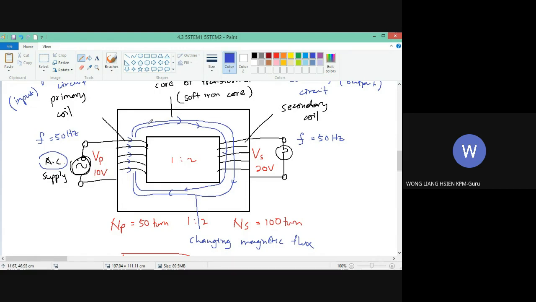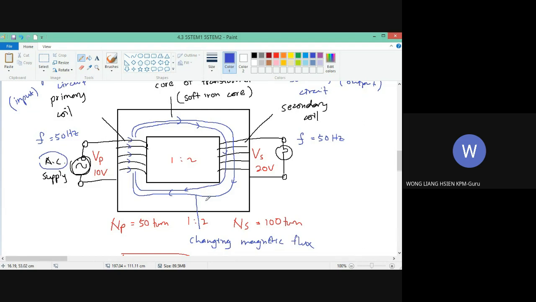That means the iron core itself changes into a piece of magnet. When it turns into a magnet, the iron core itself can produce a magnetic field, okay, produce magnetic flux also.